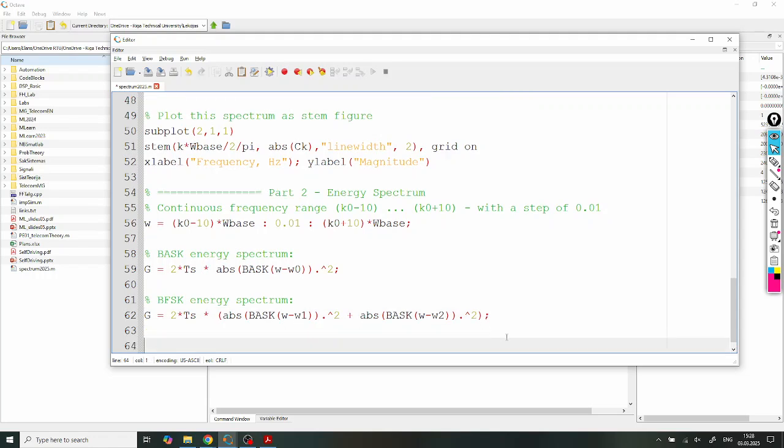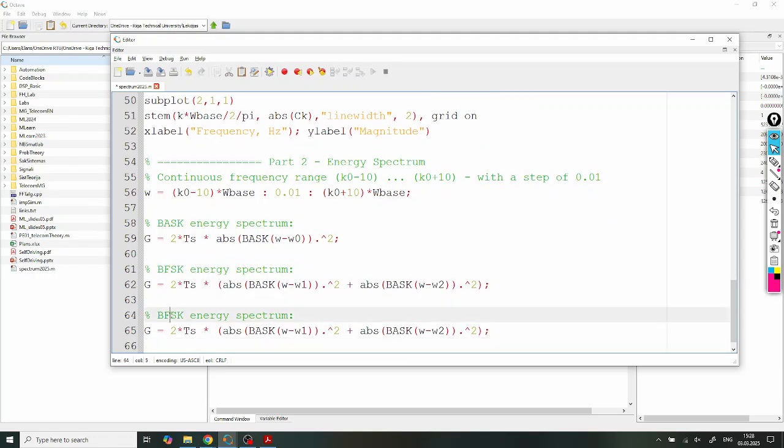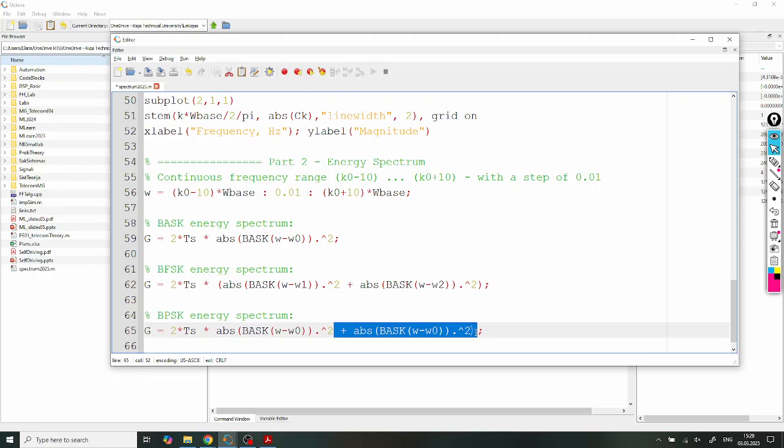Now for BPSK, binary phase shift keying, it's a little bit simpler than that because here we have omega 0 and also here we have omega 0, effectively meaning that we can add them together and have 4 instead of 2.